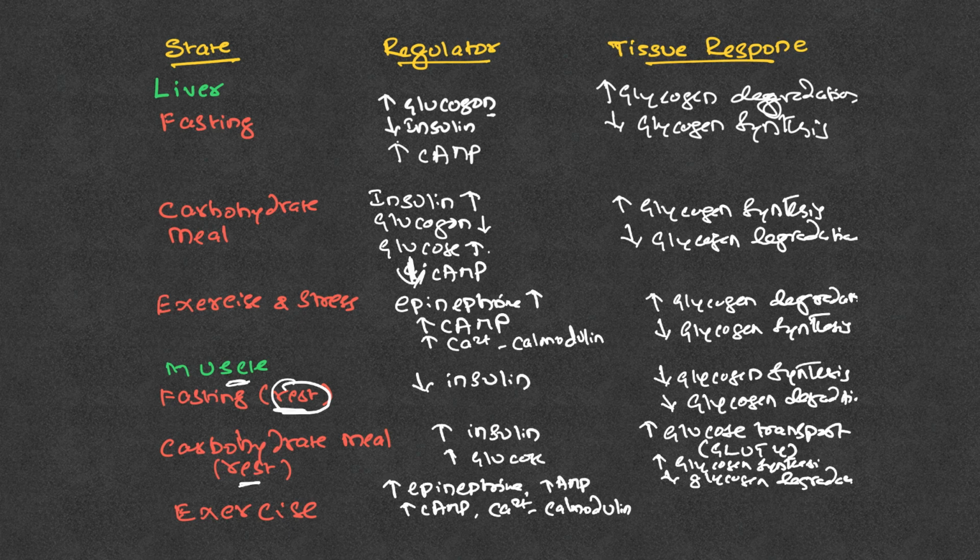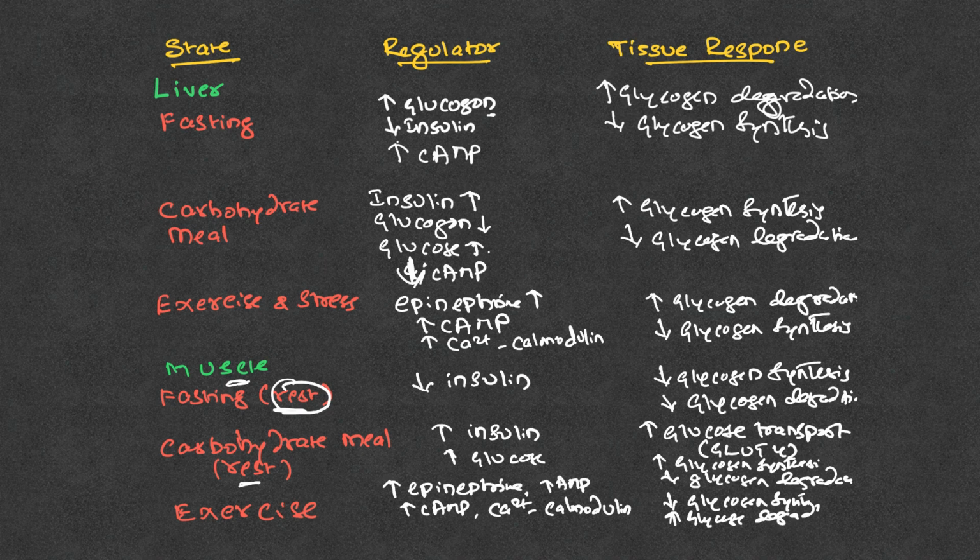in the skeletal muscle. So, overall during exercise the regulators are increase in epinephrine, increase in AMP, increase in cyclic AMP and increase in calcium calmodulin. So, overall what happens because of this? The glycogen degradation increases, glycogen synthesis decreases.